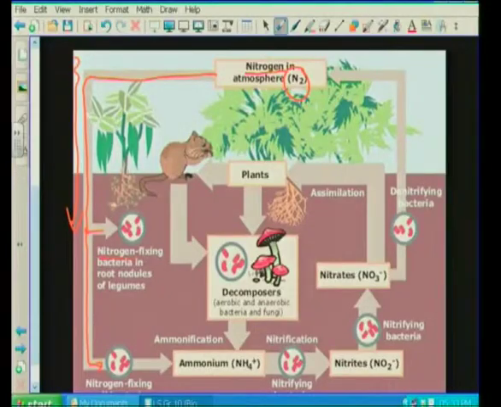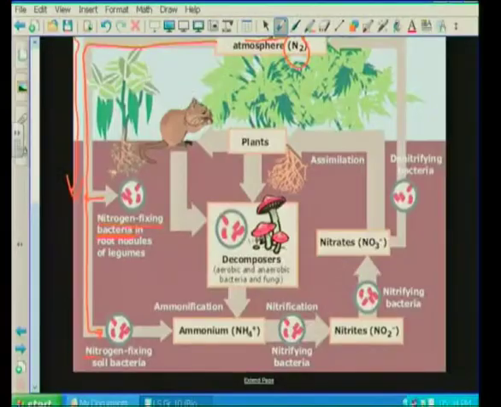Inside the soil we have nitrogen fixing bacteria. The word says what it does. It fixes nitrogen. It changes nitrogen into another form. So it's a whole chemical process. Don't worry, we're not going to look at too much of the chemical side of this.